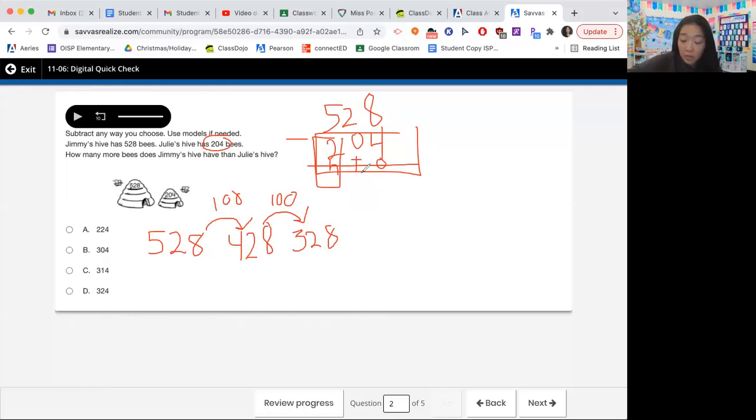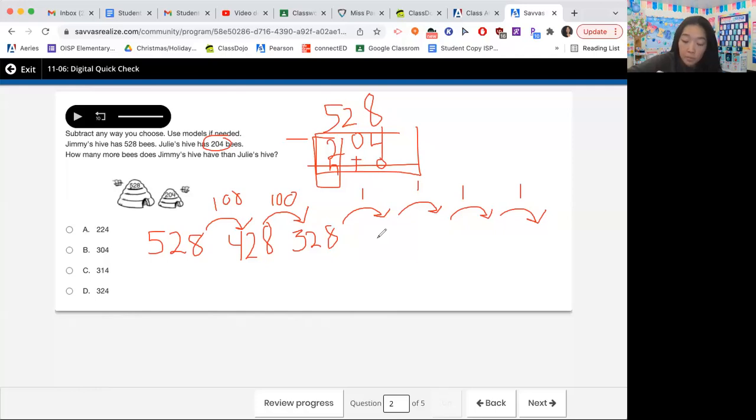So there are no tens. So all we need to do is skip to the ones now. How many ones do we have in the ones place? 4. So how many times are we going to subtract 1? 4 times.